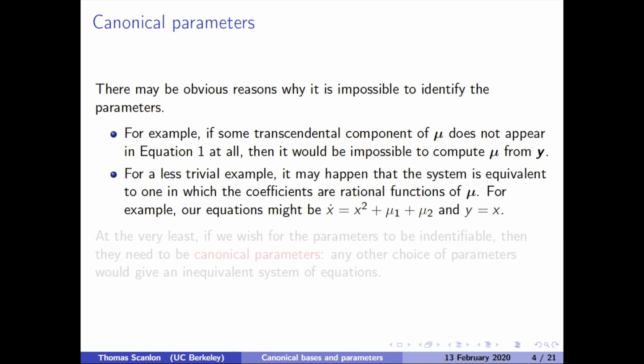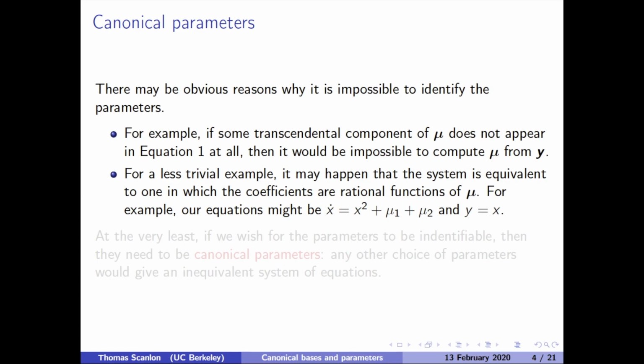My two parameters are mu1 and mu2, but they only enter the equation as a sum. Well, that's all you're going to be able to recover, the sum. There's no way you can recover mu1 or mu2 separately, but you could recover the sum. Okay? And so you've chosen the parameters poorly. Right? They really aren't the canonical parameters for the system.